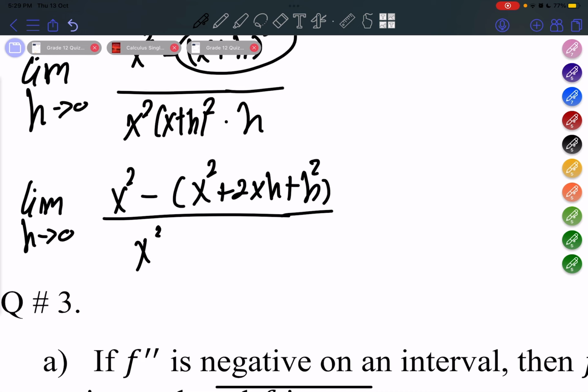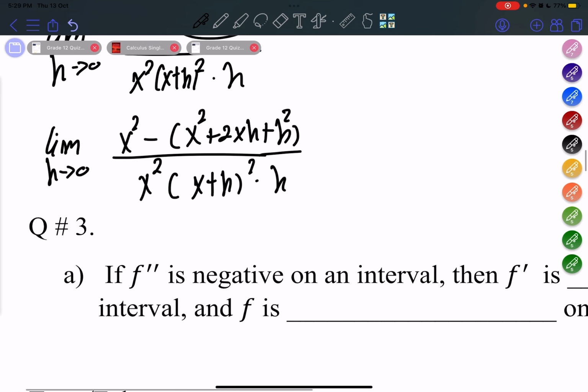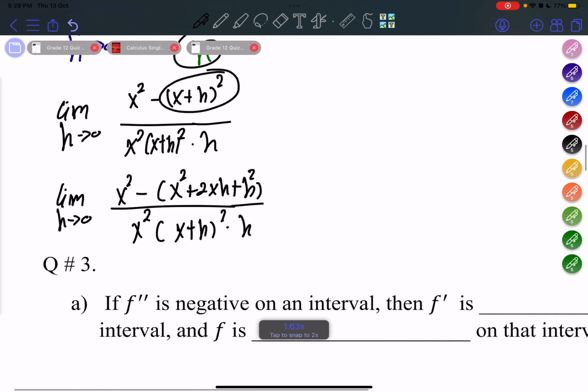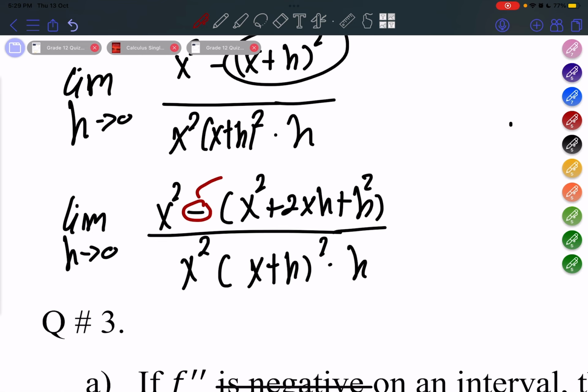Over x squared, we won't change anything in the denominator. So it becomes over x squared times x plus h whole square times h. We will not expand the x plus h in the denominator because it's not important further in the solving steps. So now our step will be to times the negative on each of the terms.